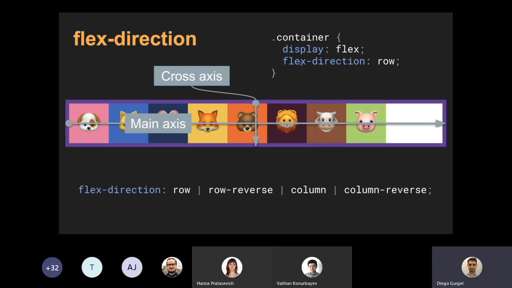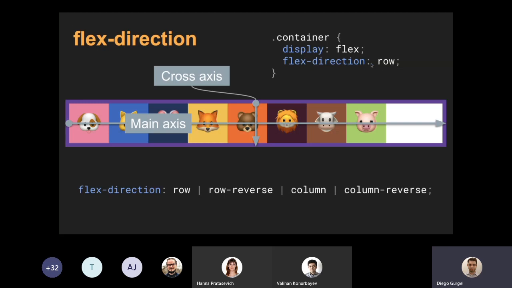If you set a flex direction on the children, it won't have any effect if the children itself is not display flex. So the flex direction here, naturally, without setting anything, is already row.